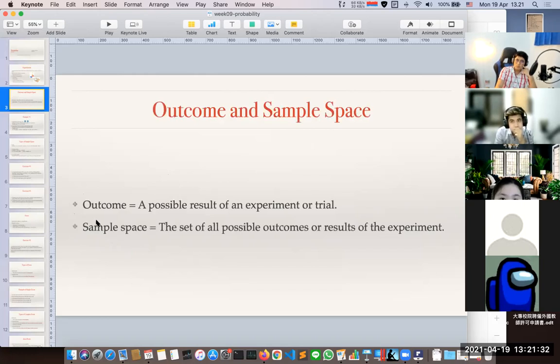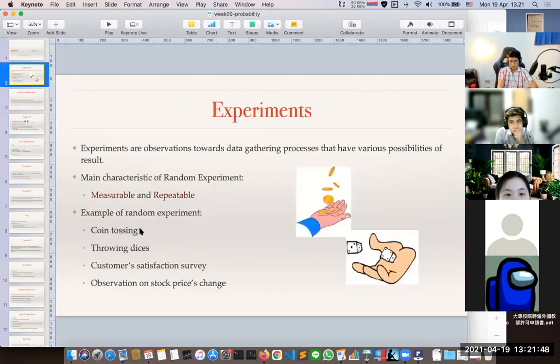Okay. So sample space is the set of all possible outcomes. You can think of a sample space as a collection of outcomes or the results of that experiment. So let's go to the previous experiment, coin tossing. So here, what are the outcomes?